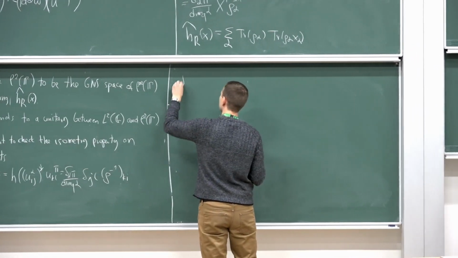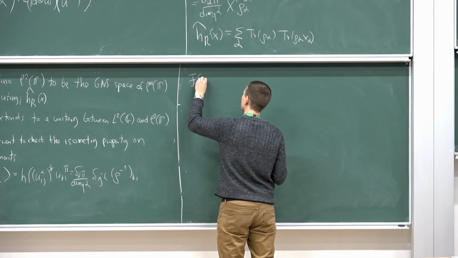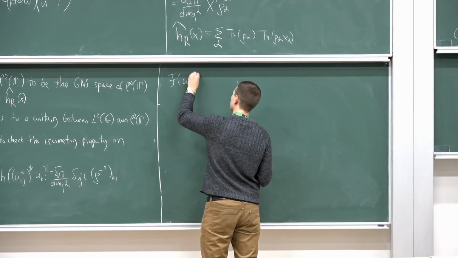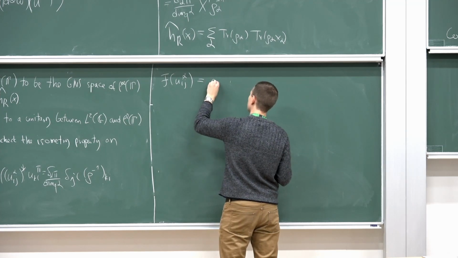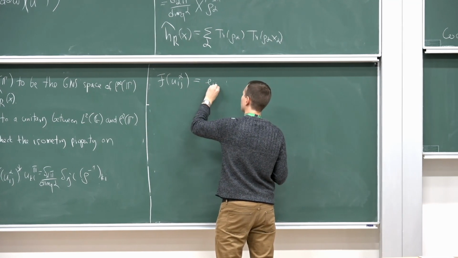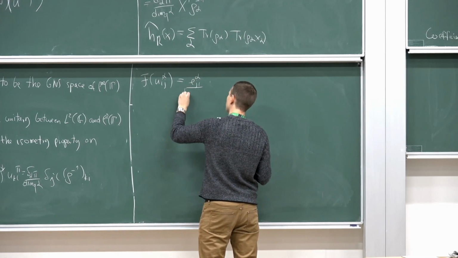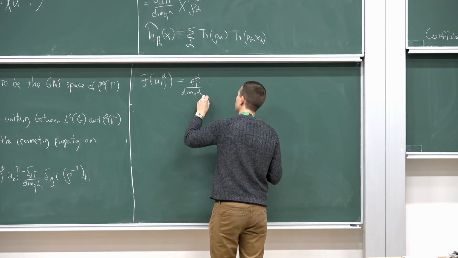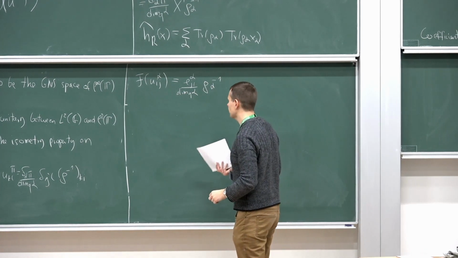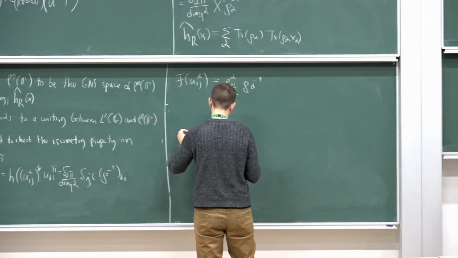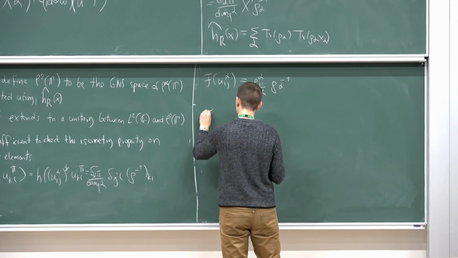Then we know that the Fourier transform of Uij alpha is equal to Ej alpha over the quantum dimension of alpha and rho alpha inverse. So we compute the inner product of these.